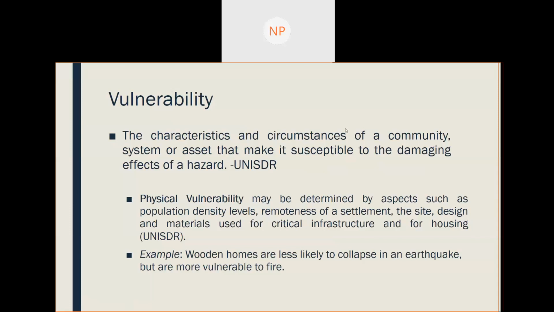The one who has an RCC house or the one who stays in the bamboo house? Which one? Bamboo house. Okay.